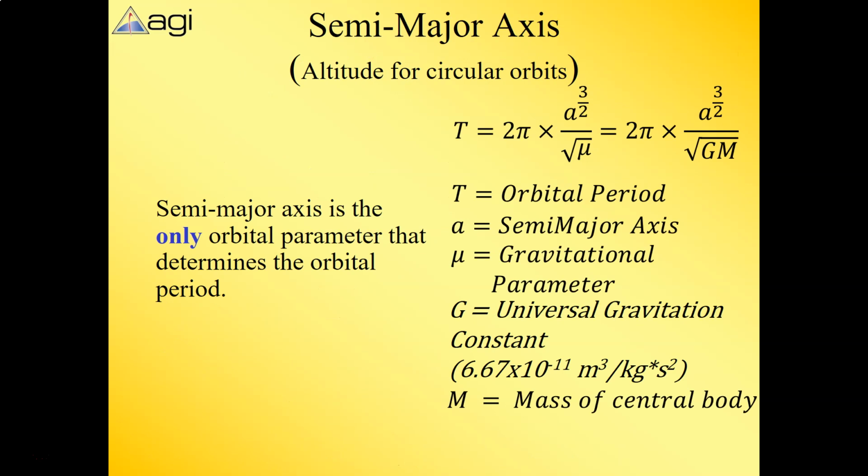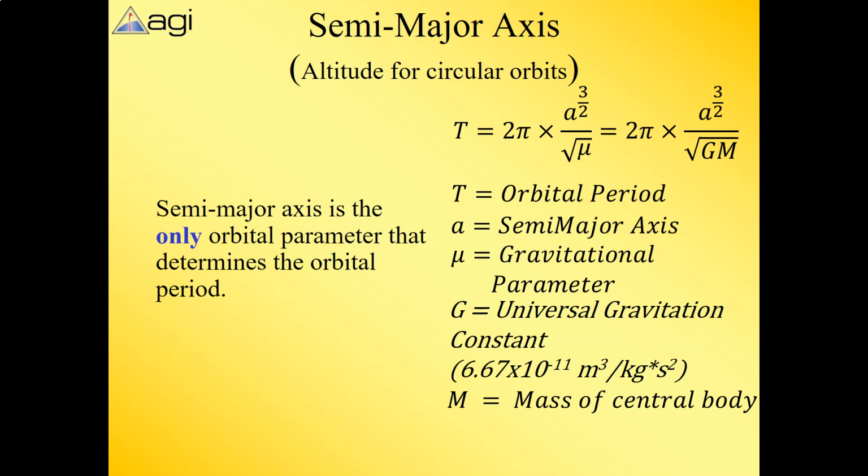Let's take it further. We know eccentricity and semi-major axis are the first two elements. Eccentricity tells us about the shape, and semi-major axis tells us about the size. Semi-major axis is the only orbital parameter that can determine the orbital period. Now, this is a lot of information up here. Let's step through it.